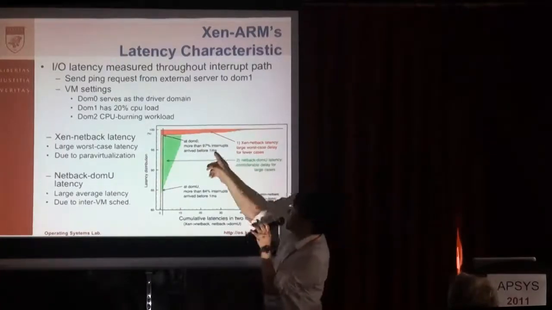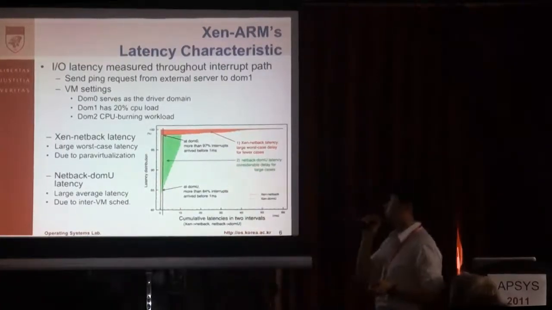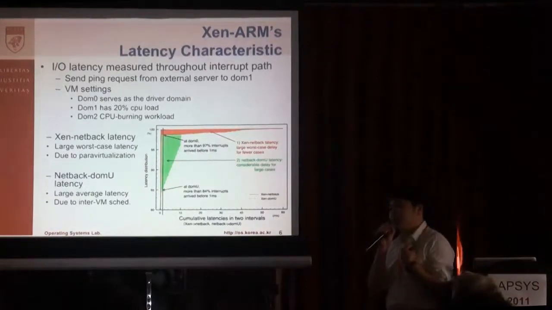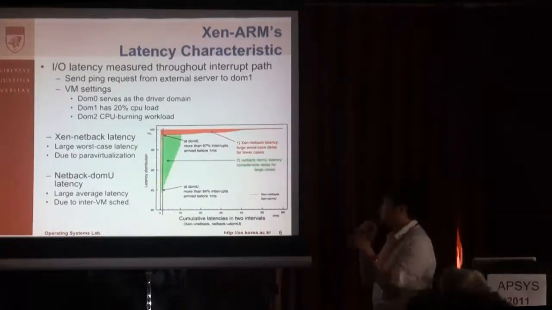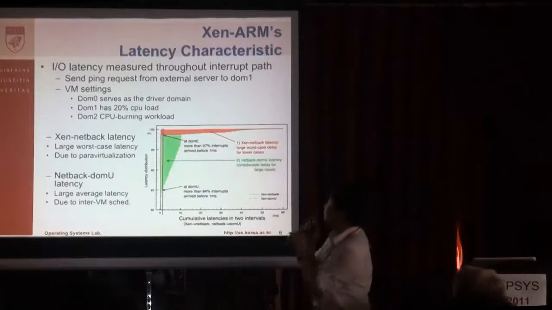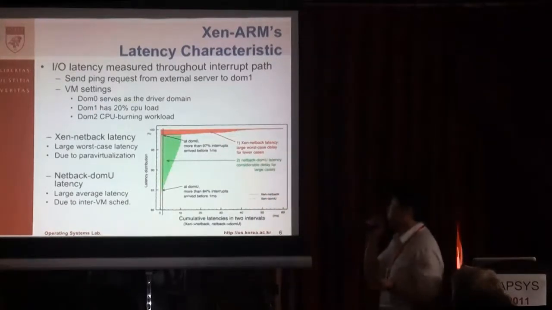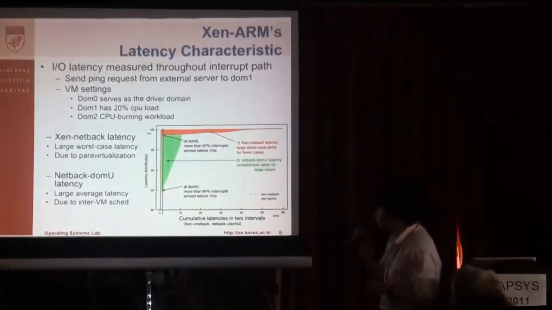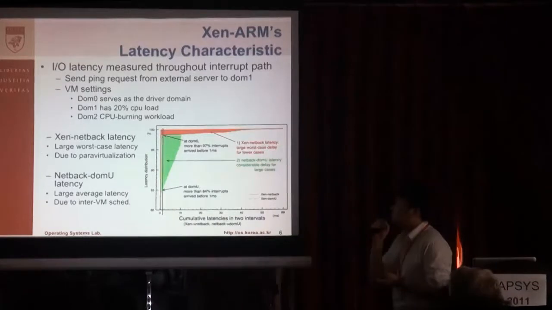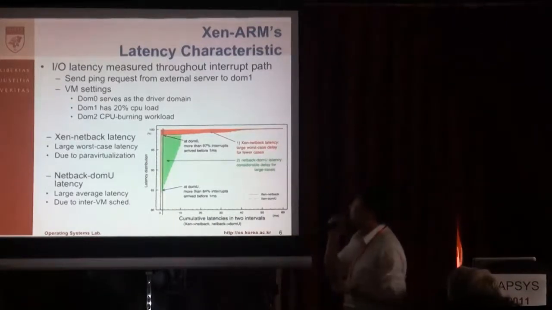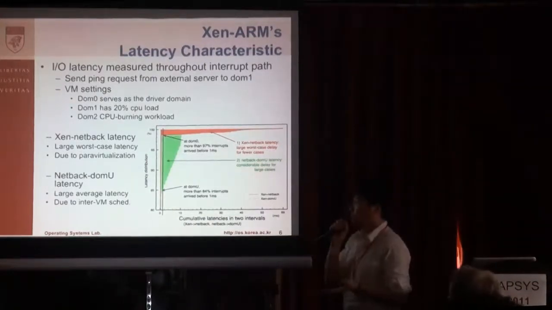You can see that 97% of interrupts arrive at the driver domain quickly. However, there is still a large worst-case latency for some 3% of interrupt handling. The second range is the netback to Dom U latency.